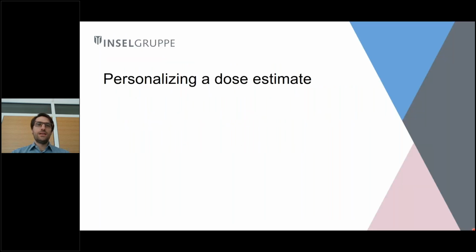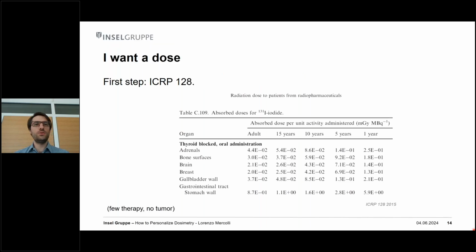So how can we now personalize a dose estimate? So let's say I want a dose. I have a patient that underwent some treatment in my department, and I just want a dose. I don't want to be too specific on what kind of dose, but let's say I just want a dose. So the first step is to go to this document here, the ICRP publication number 128.